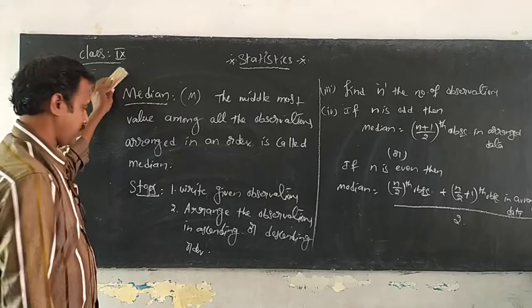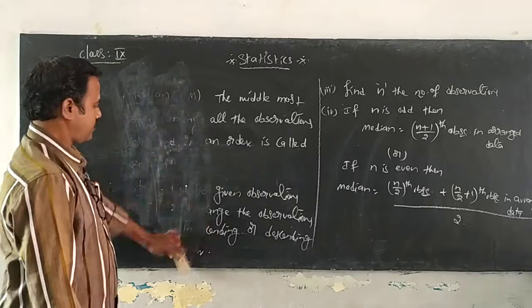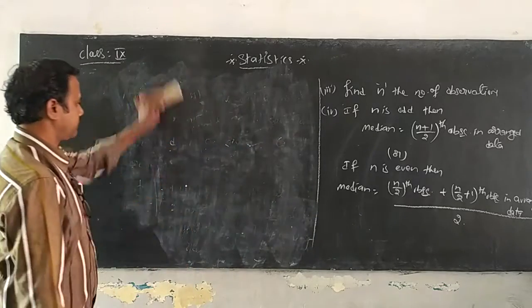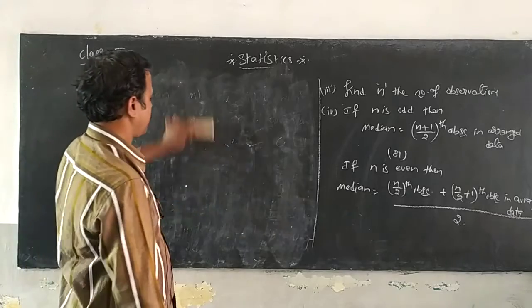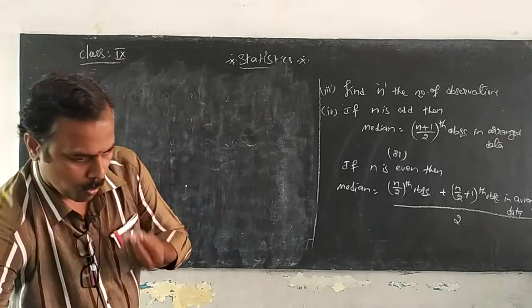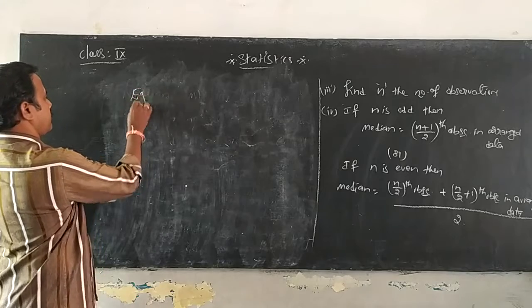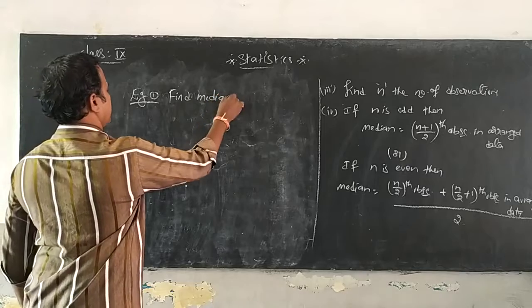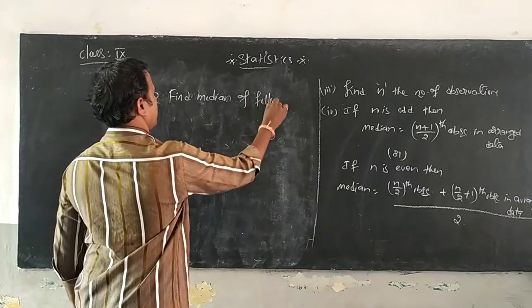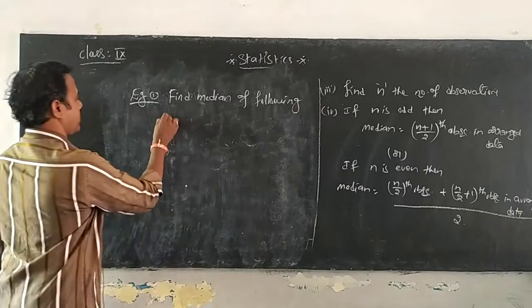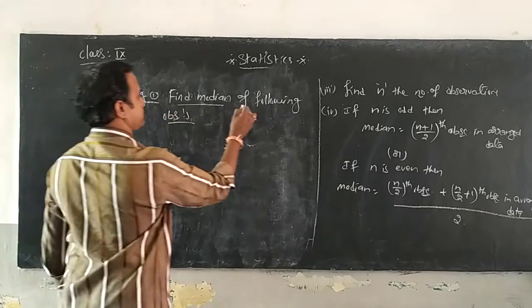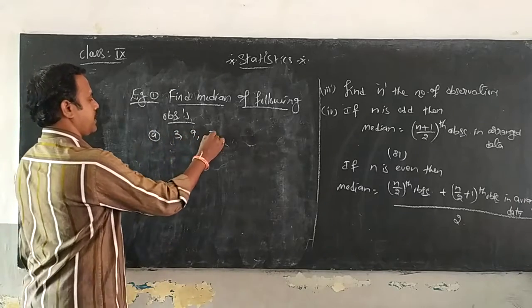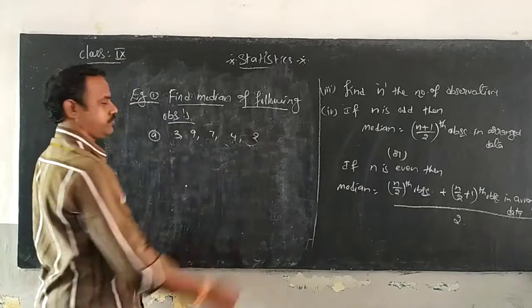Now we take an example. Example 1, find the median of the following observations: 3, 9, 7, 4, 2.